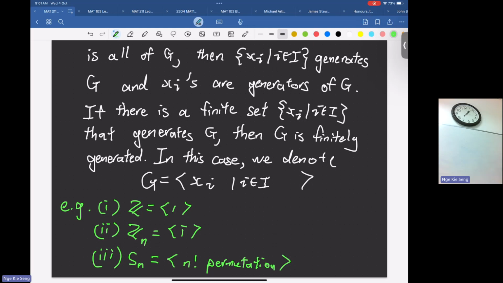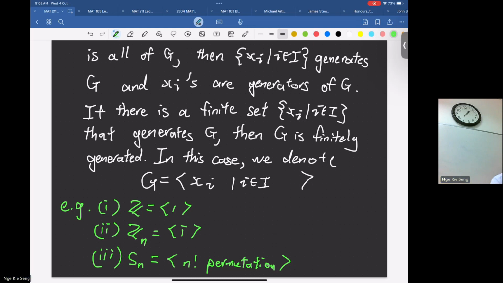Maybe we will see it when we learn generators and relations later. So in a finite group case, you can use all the elements to generate it. But can you reduce the number of generators? That is the question: what's the least number of generators you need to build your group?